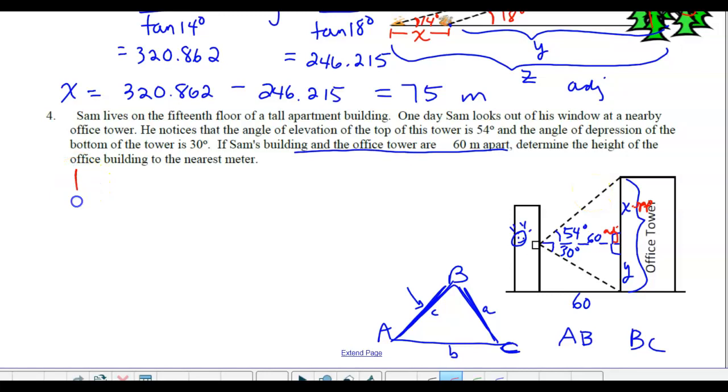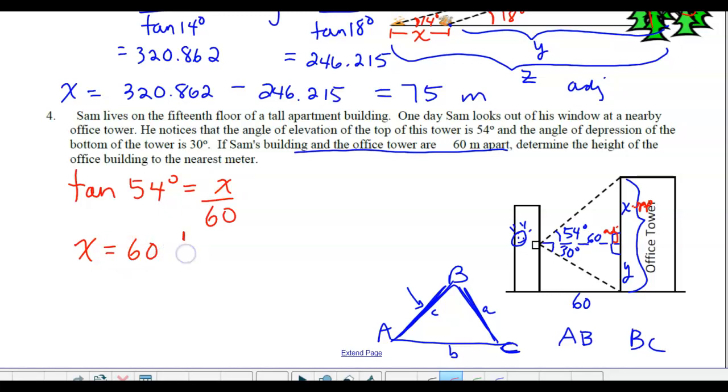So that'll be tan of 54 equals X over 60. So X equals 60 tan of 54. That's the top triangle.